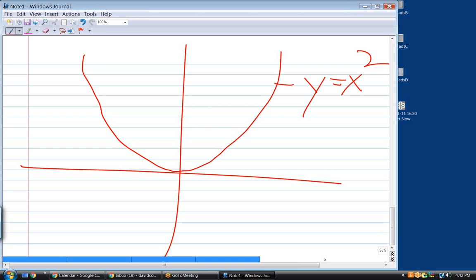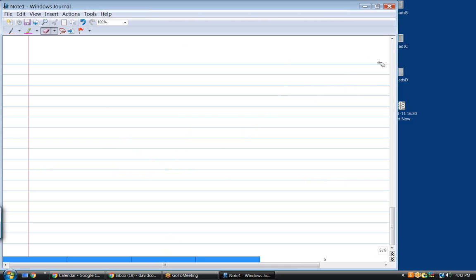Y goes to positive infinity. And what happens as x goes to negative infinity? Y goes to positive infinity. Exactly. So that's all you care about: what's happening to y as we go to the right or to the left on the x-axis.